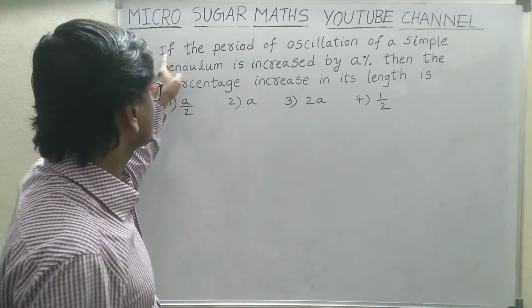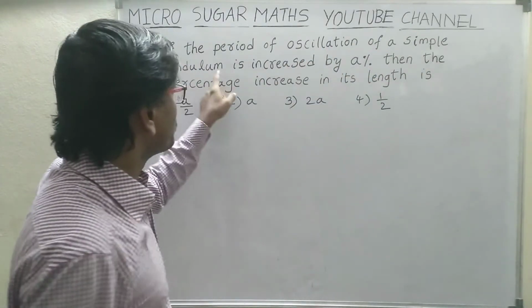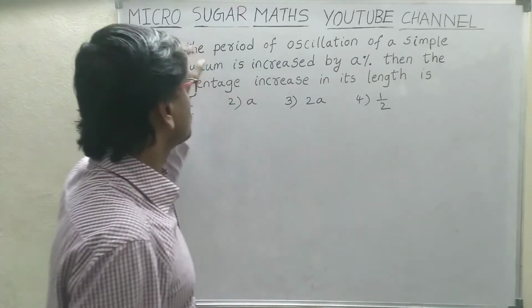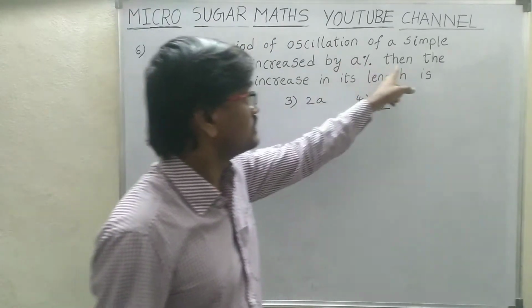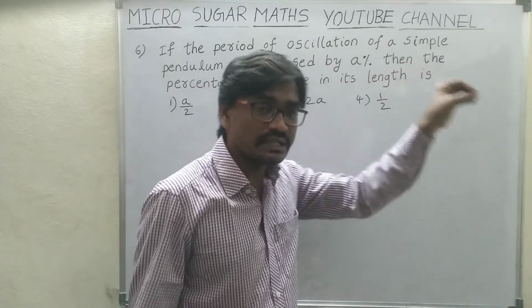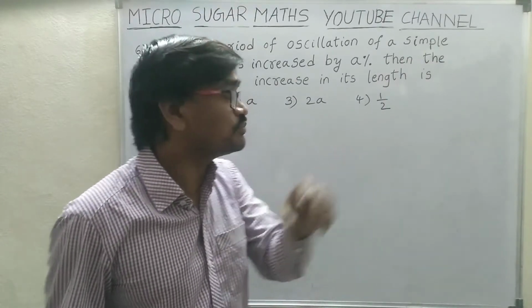So our next question. If the period of oscillation of a simple pendulum is increased by a percentage, means the time period is increased by a percentage, then the percentage increase in its length. Students, what is the formula for time period in a simple pendulum?